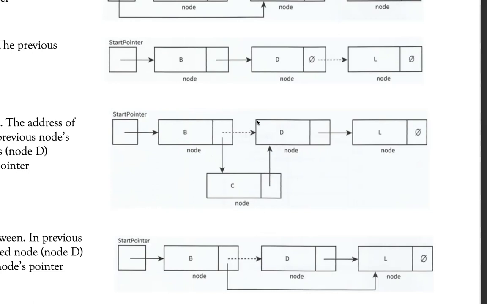Obviously, if at one point I moved on and had to save it before this node, like in this case where I want to save C before D, then for pointers to be updated, I need to know where I came from and where I'm going. So that's why at each step of moving from one node to the next, I have to keep a record of what node I just left.